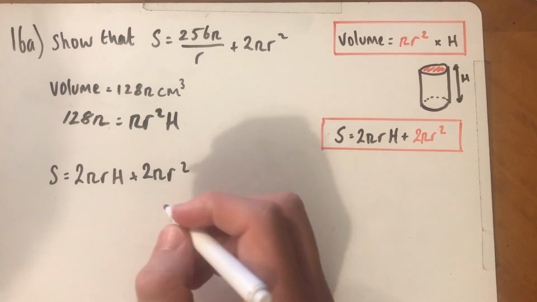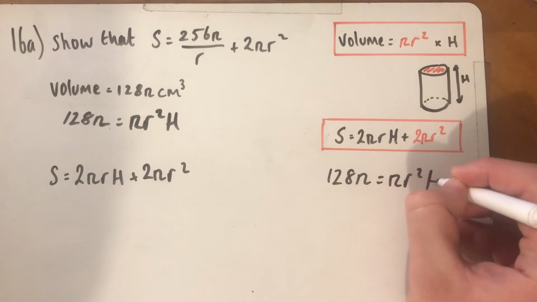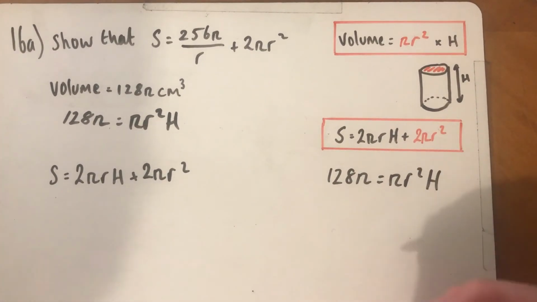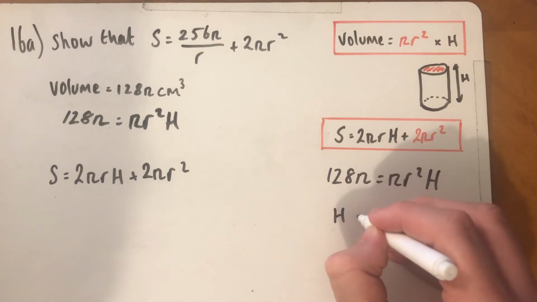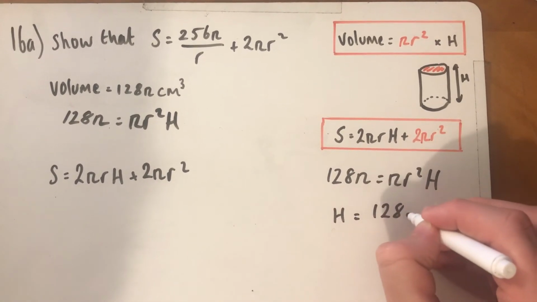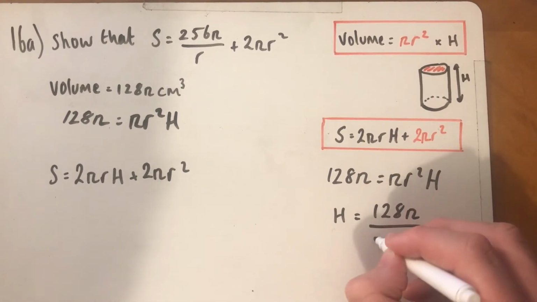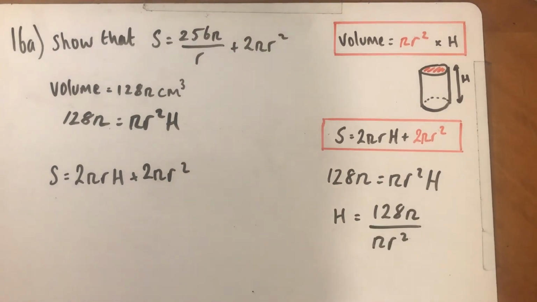I'm going to divide both sides by pi r squared. So you should get h equals 128 pi over pi r squared.